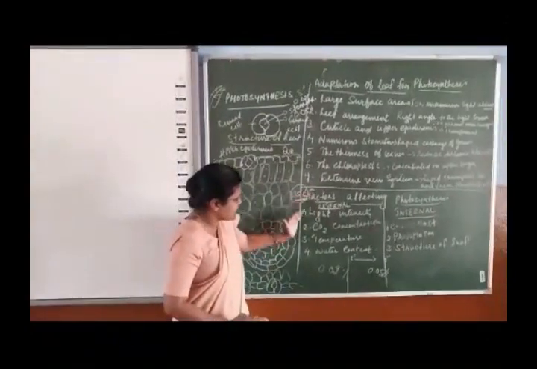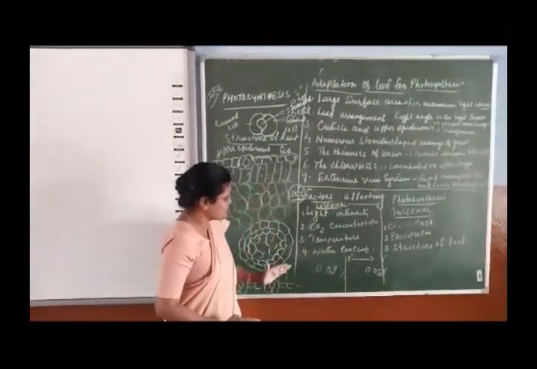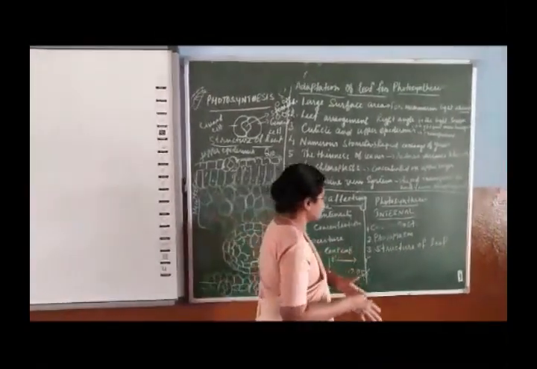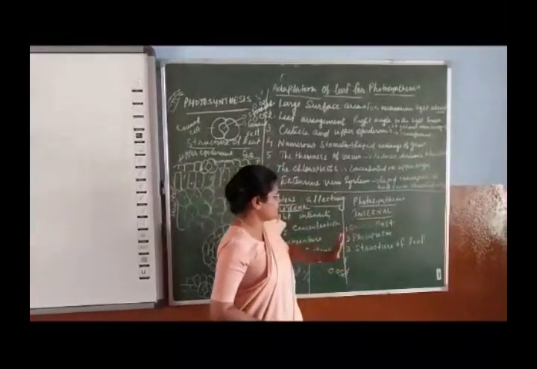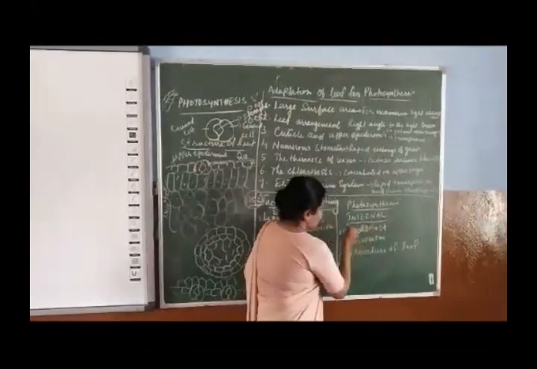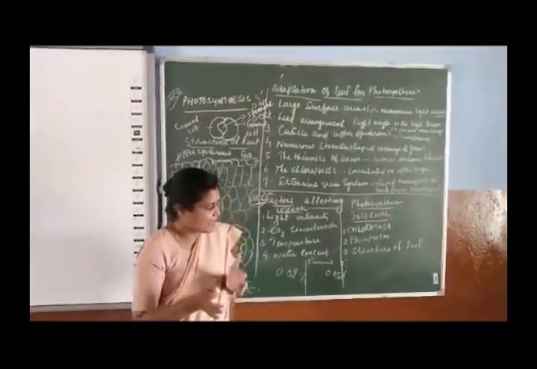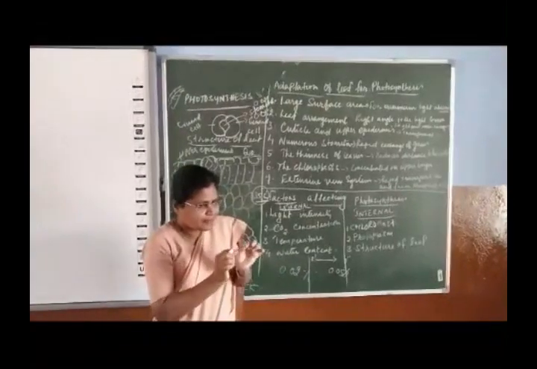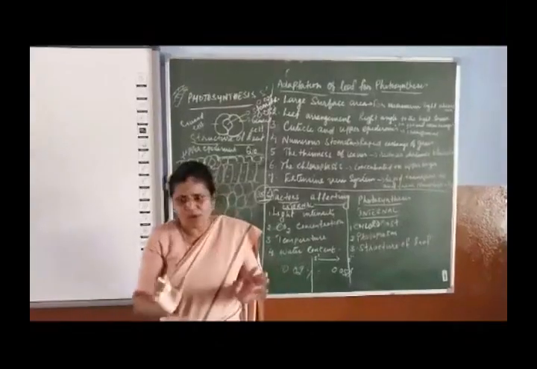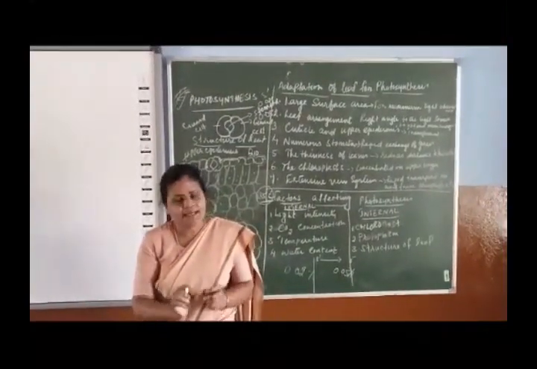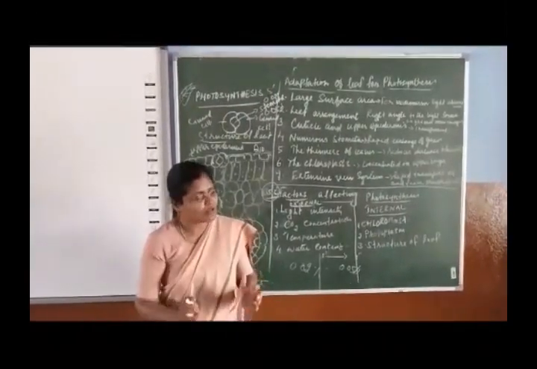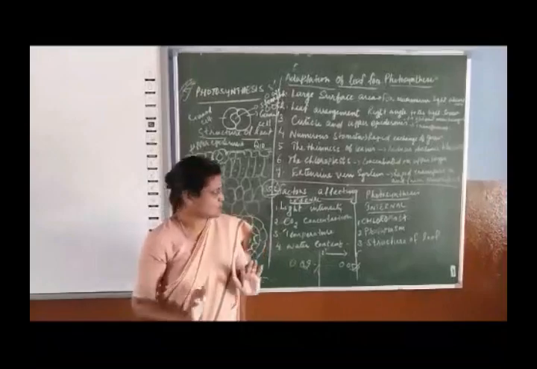Then we learned about the external factors, that is light intensity, carbon dioxide concentration, temperature and water content present inside the cell. The internal factors: you have the chloroplast, protoplasm, and structure of leaf. The nature of chloroplast: if the mineral ion is not available, it cannot perform photosynthesis. Protoplasm: if there is no water, there is dehydration, it is getting dried, it cannot perform photosynthesis.